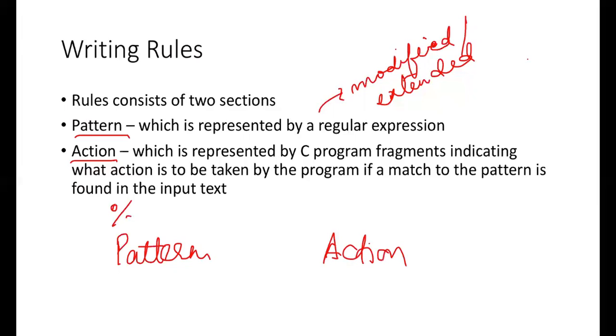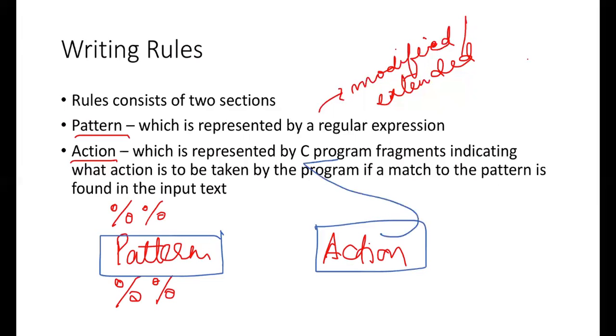So this is your rules section. Your pattern is here, and your action is here. This action is nothing but C program segments. So if the input matches this pattern, then the code which is here will get executed. So this is how we write the rules.